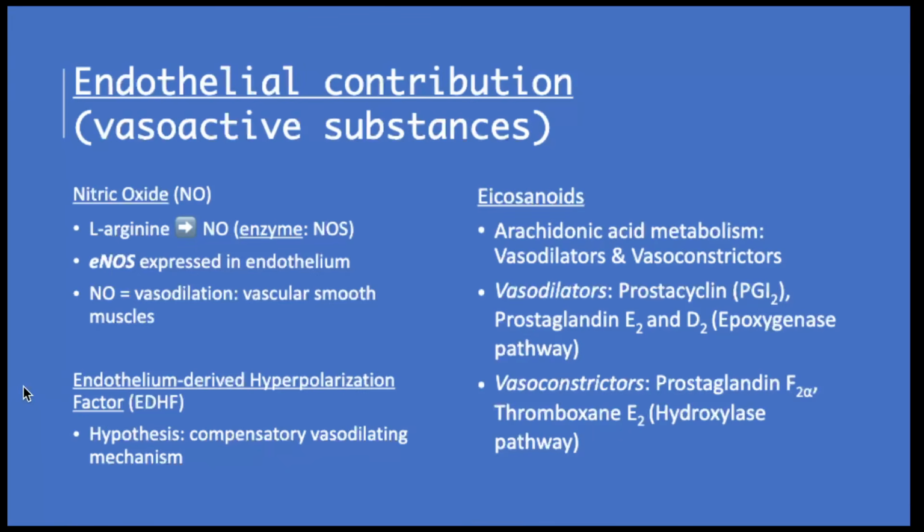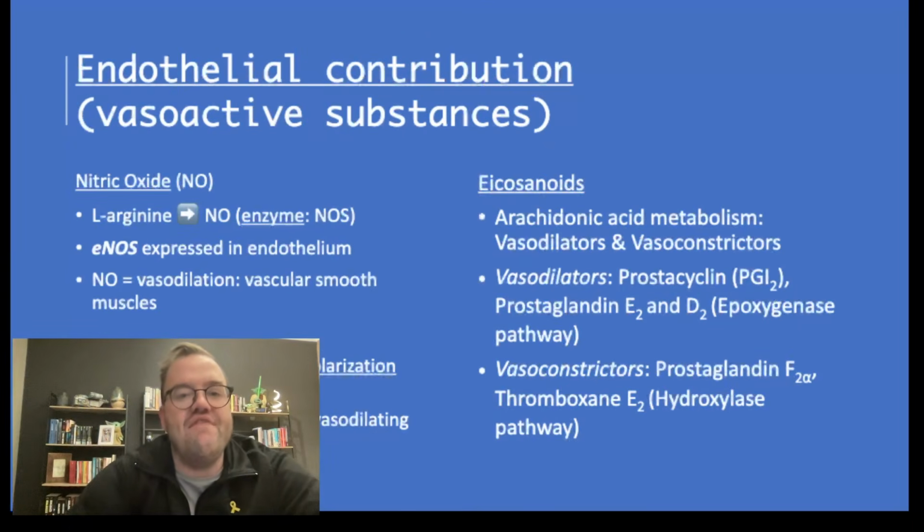There is then endothelium-derived hyperpolarizing factor, EDHF, and it is hypothesized that this helps with compensatory vasodilating mechanisms in the brain. And then remember, the brain produces eicosanoids, and the brain has very active arachidonic acid metabolism.